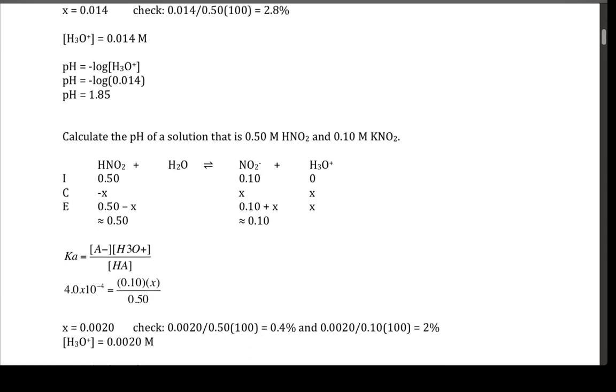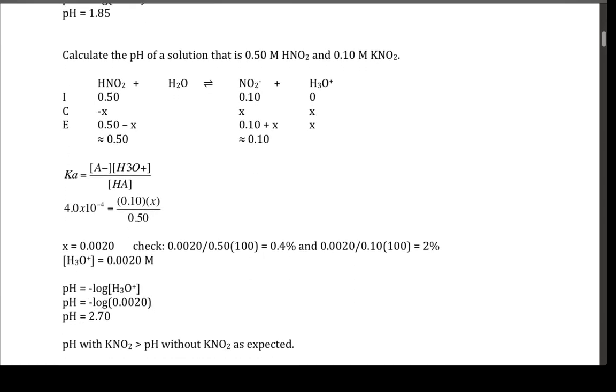Now we calculate the pH of a solution that is 0.50 molar HNO2 and 0.10 molar KNO2. So we have some of the common ion, NO2 minus, present. We fill in the ICE table in the same manner, except that instead of having no NO2 minus initially, we have some.